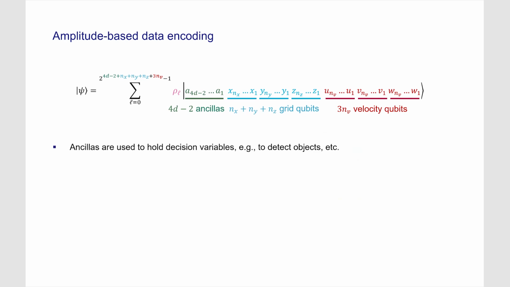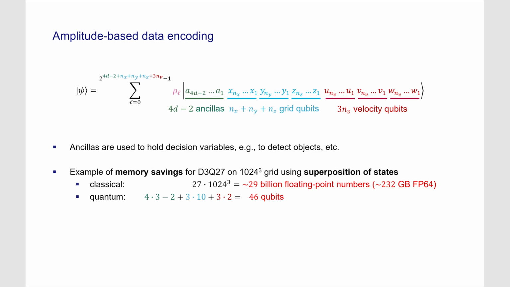This is for the velocity, this is for X, Y, Z. We need some helper variables, or helper register entries. What for? To hold decision variables, for example: are we in an obstacle, yes or no? More precisely, are we at a wall, at a corner, at the face of an obstacle, yes or no? I'll show you some details.